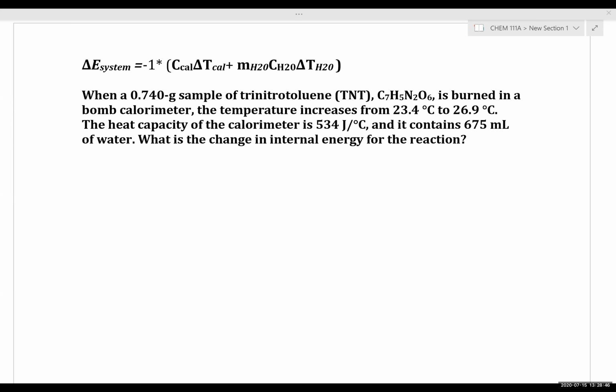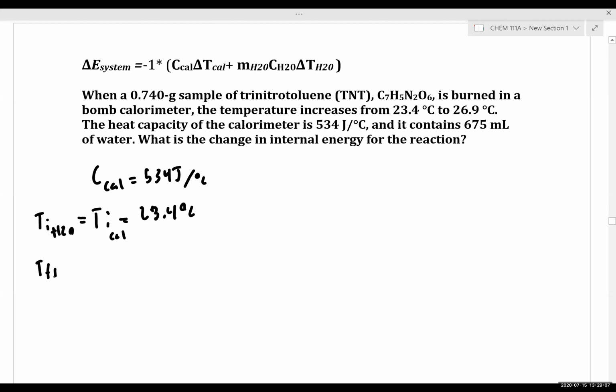Okay, so let's discuss this example. First and foremost, we know that the heat capacity of our calorimeter is 534 joule per degree Celsius. The initial temperature of our calorimeter is 23.4 degrees Celsius, which matches the initial temperature of our water. The final temperature of both our water and our calorimeter is 26.9 degrees Celsius.